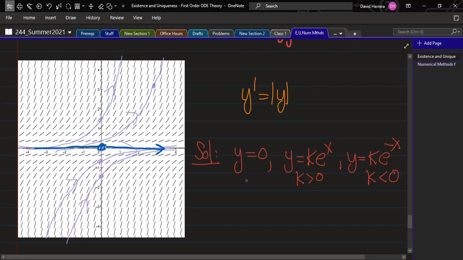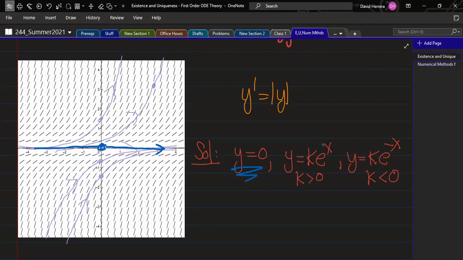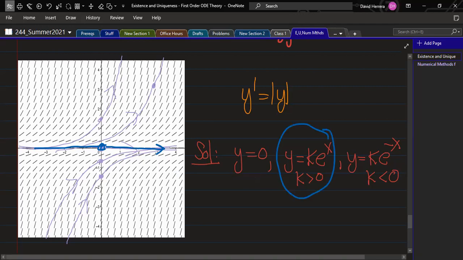You see here is y equals 0, a constant solution. But then you have exponential solutions when you start up here. When you start up here, you have exponential growth. When you start down here, you have exponential kind of growth. It is increasing, but it's going towards 0.